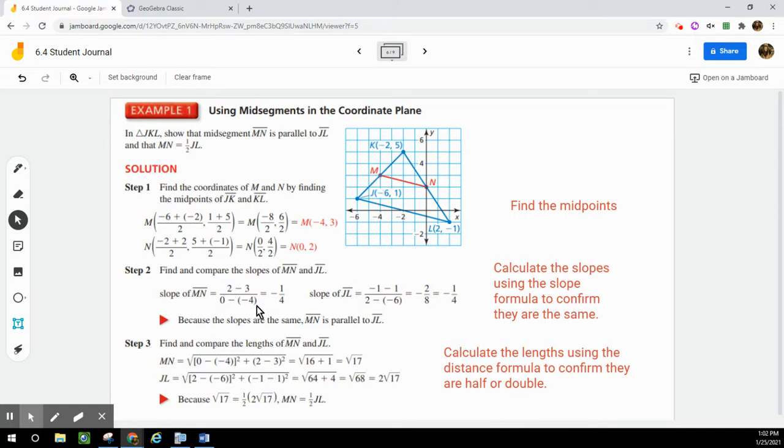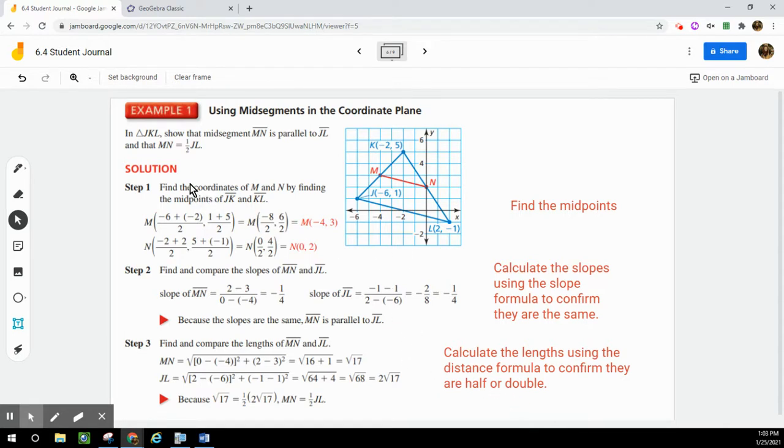So if we use the slope formula to find the slope of MN, that would be 2 minus 3 over 0 minus -4, which is -1/4. And the slope of JL, if we do -1 minus 1 over 2 minus -6, we get -2/8, which is -1/4. So since we showed that the slopes are the same, we know that these 2 lines are parallel.